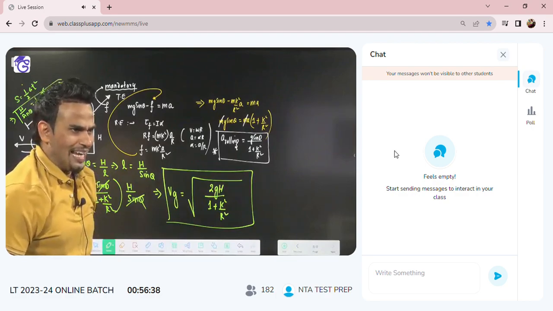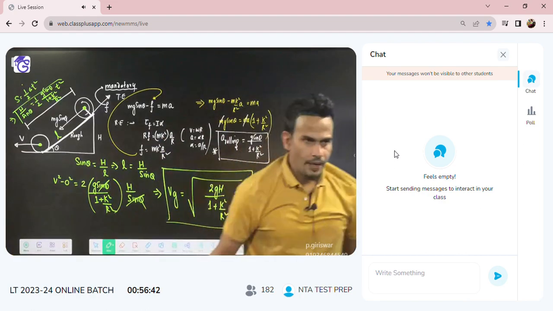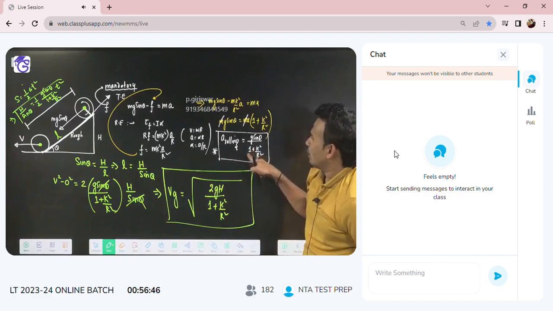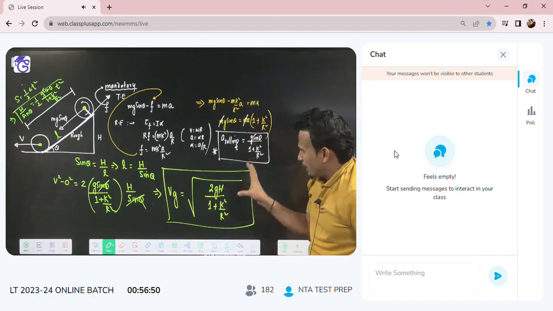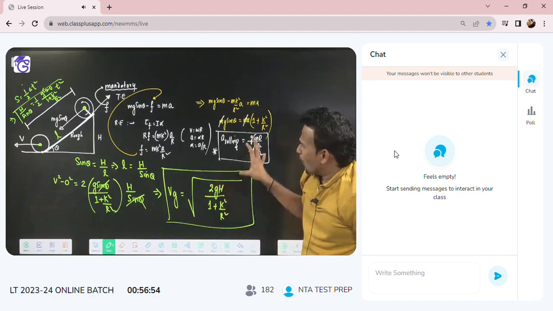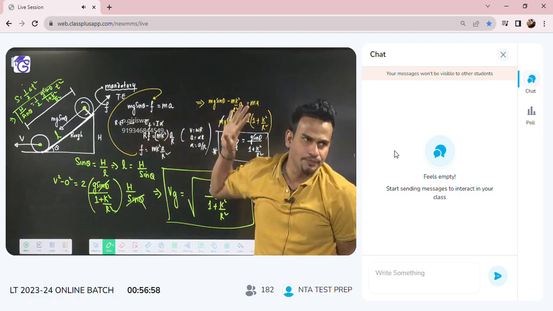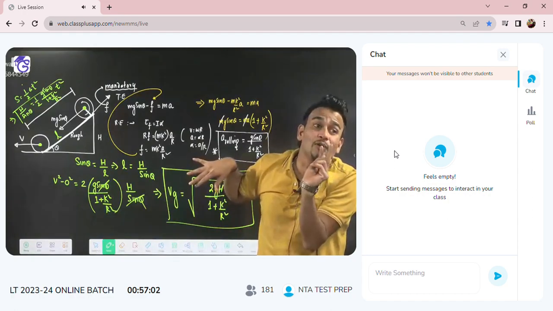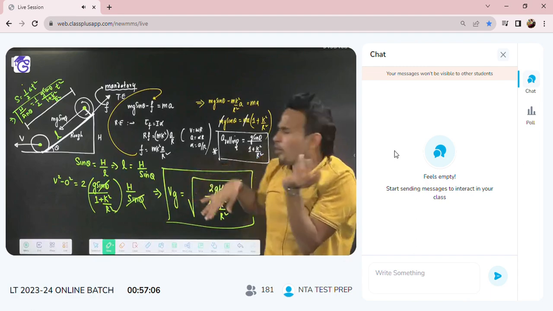You have to finally remember all these results. I will do this in the next class, otherwise you will get confused right now. So we got velocity, we got acceleration, and we got how to calculate time. How to calculate friction and the coefficient of friction we can talk about in the next class, but I can also tell right now.